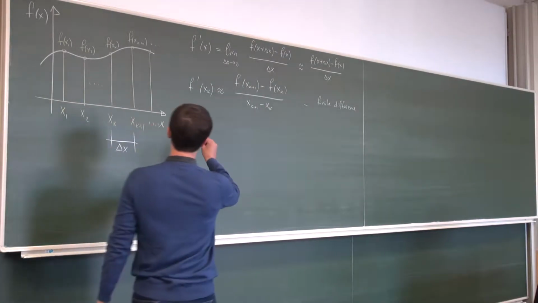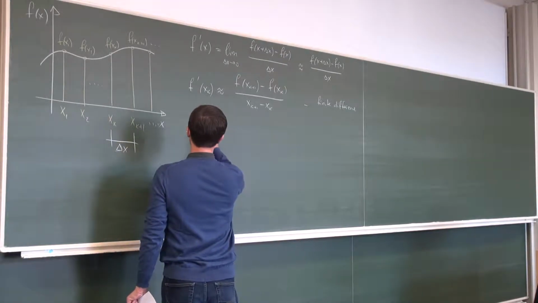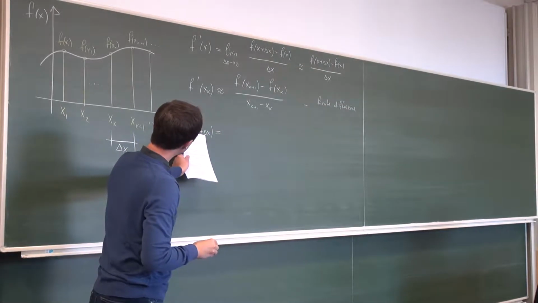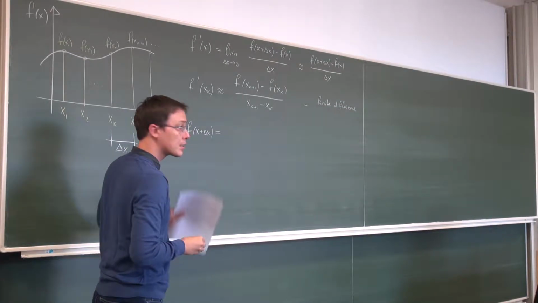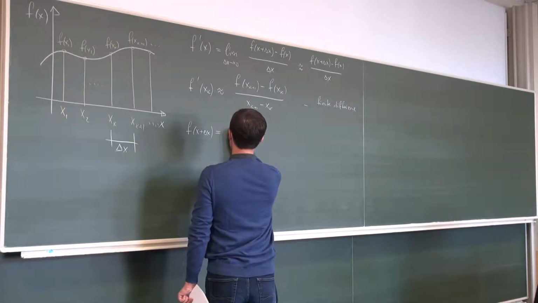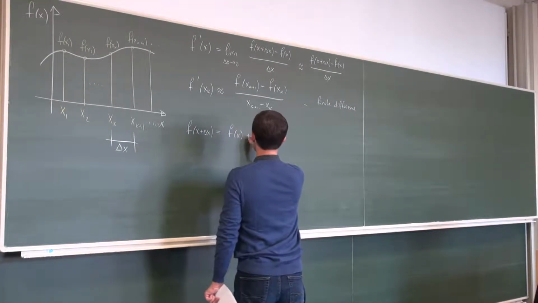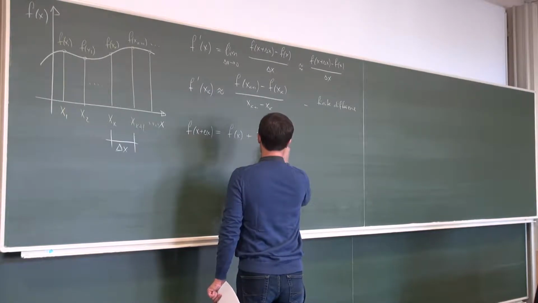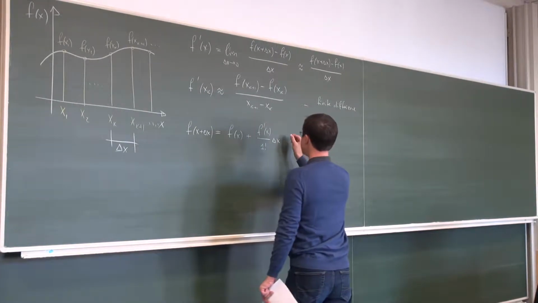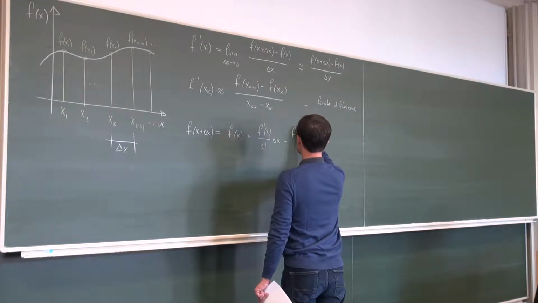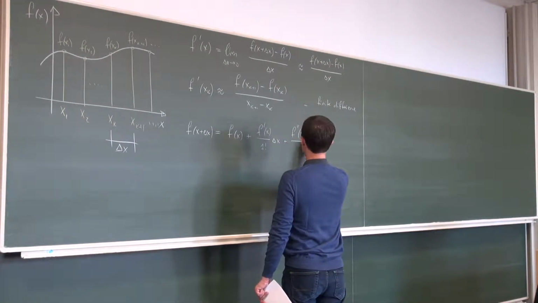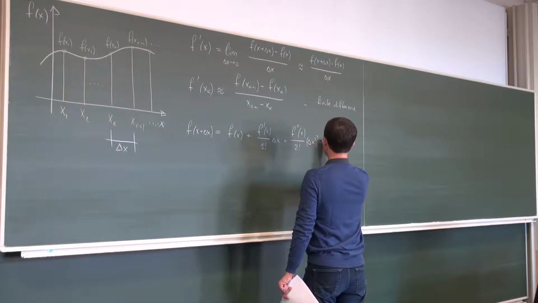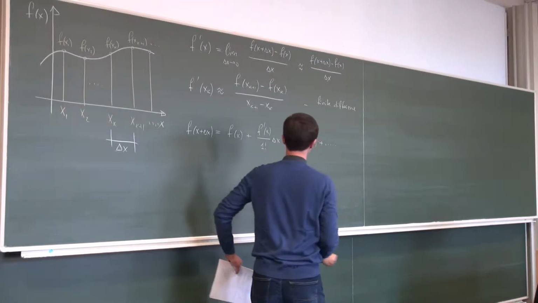series. Our f of x plus delta x will be, as we have seen, if we treat delta x as a variable and x as a reference point, f of x plus f prime of x divided by 1 factorial delta x plus f double prime of x over 2 factorial delta x squared, and so on.